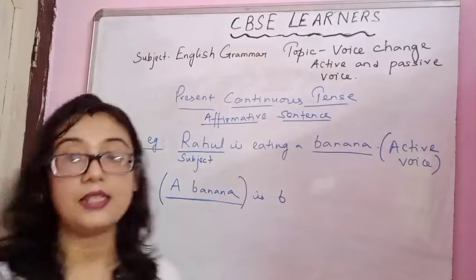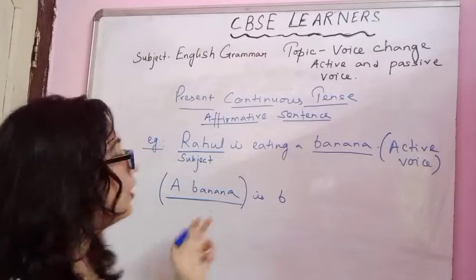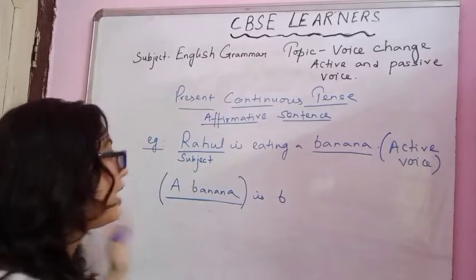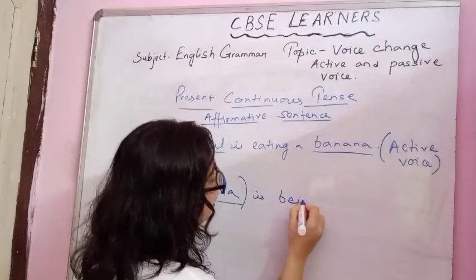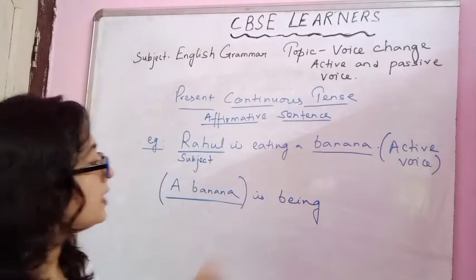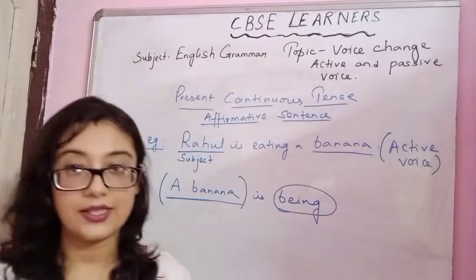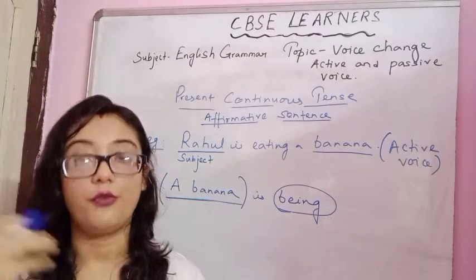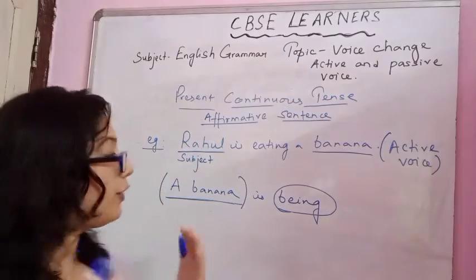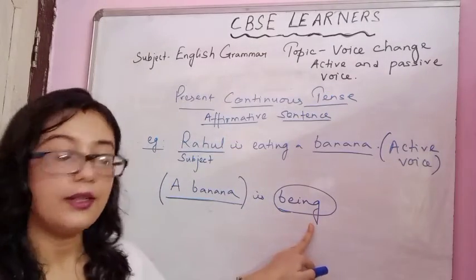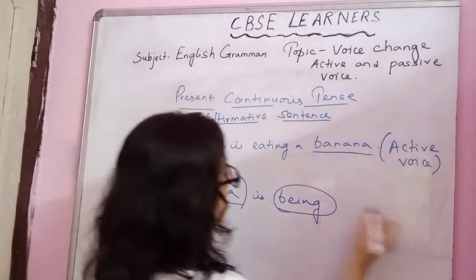But here as it is a banana, we can use is. A banana is being. Now the new thing we need to add is this being. In case of present continuous tense, when we are changing the voice, we have to add being. Clear? So is being.